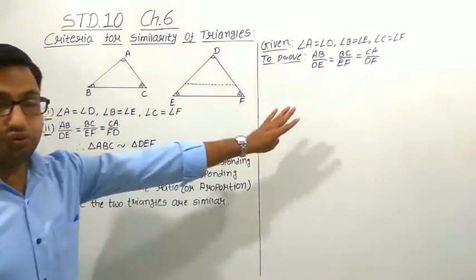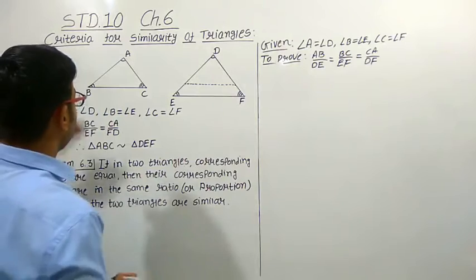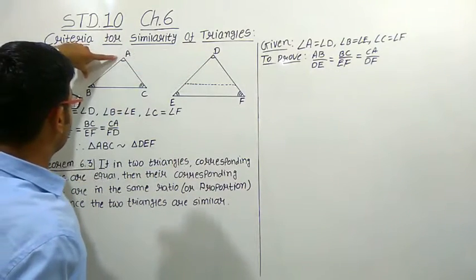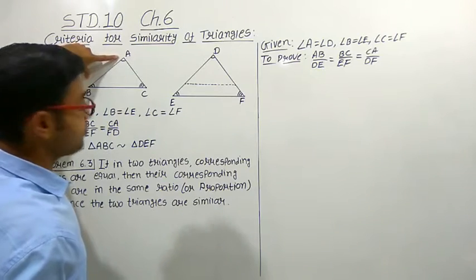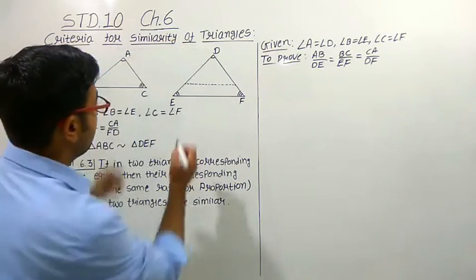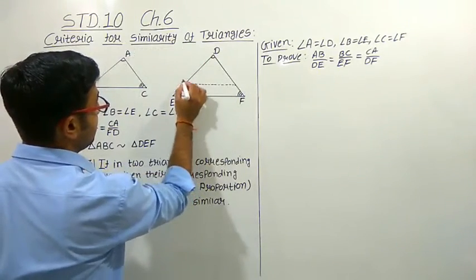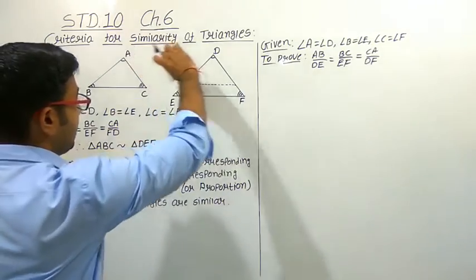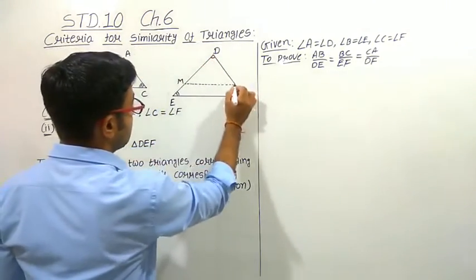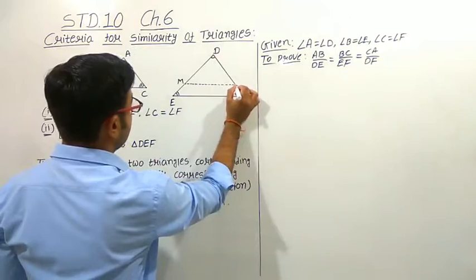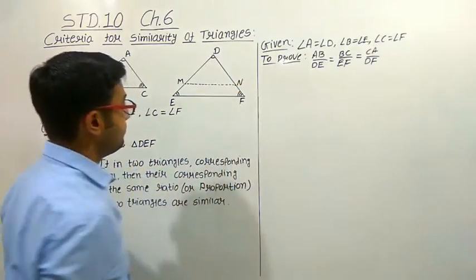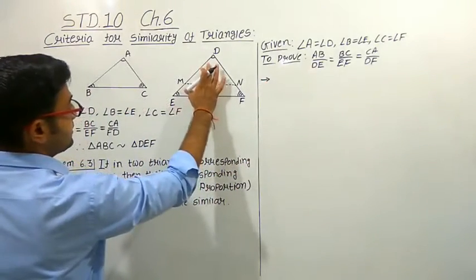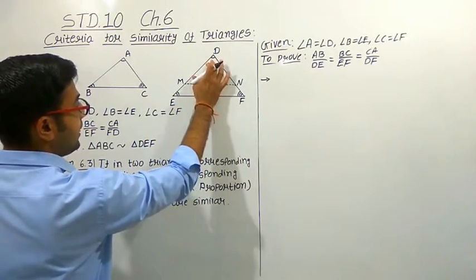To prove this, this is the smaller triangle and this is the greater triangle. So we can cut this much portion in the greater triangle. Let us cut it and give it the name DM. Also, the same for side AC, we can cut from this point and give it the name N. What we are doing here is cutting the DE side into two parts, DM and ME.